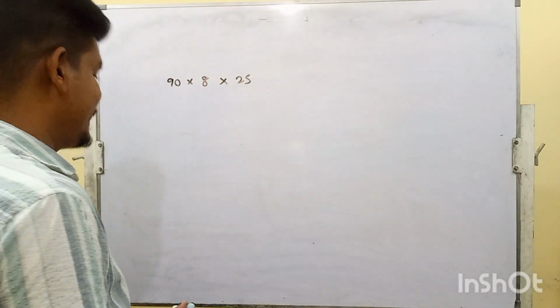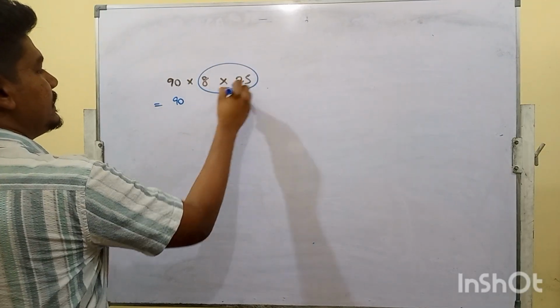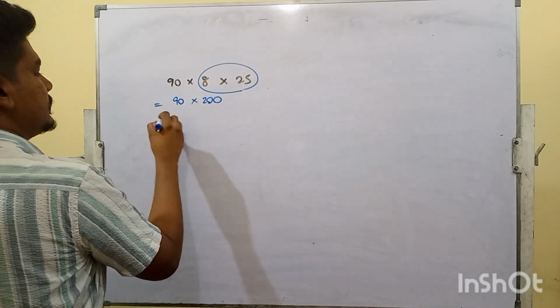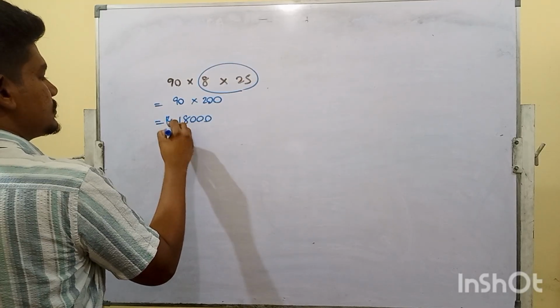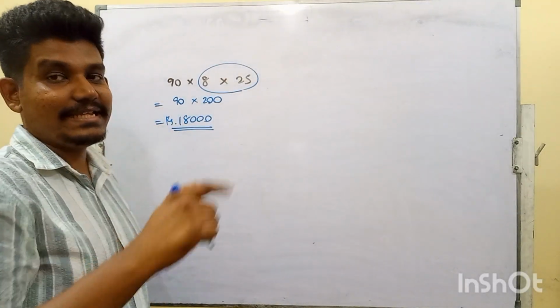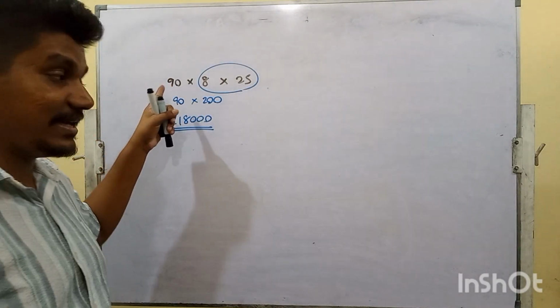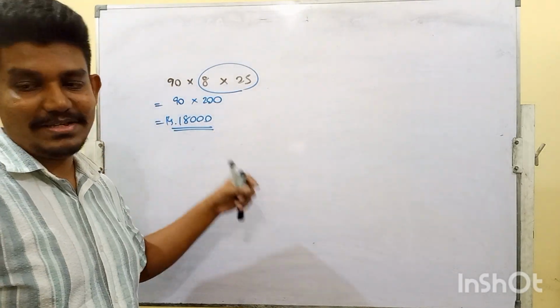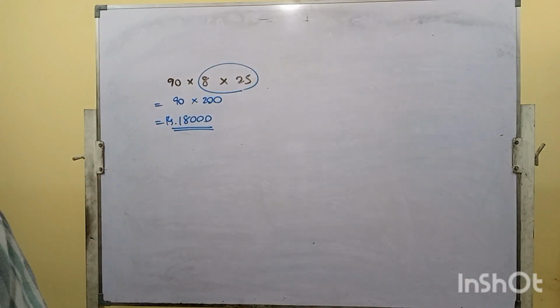So 8 times 25 is 200, and 2 times 9 is 18 with 3 zeros. So he can earn a profit of 18,000 rupees. Sorry, per hour it is 90. We have found it for 200 hours.